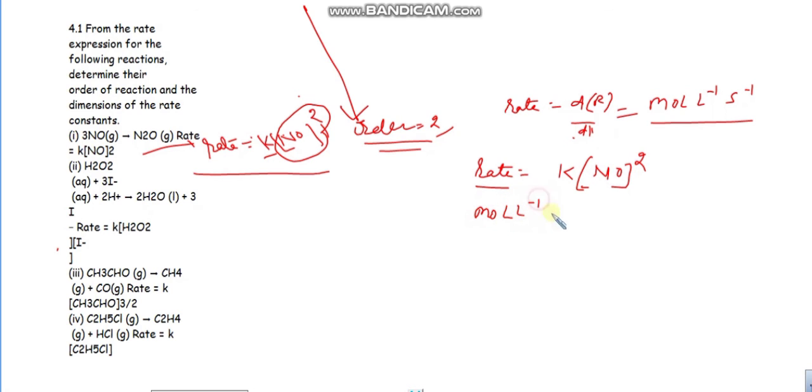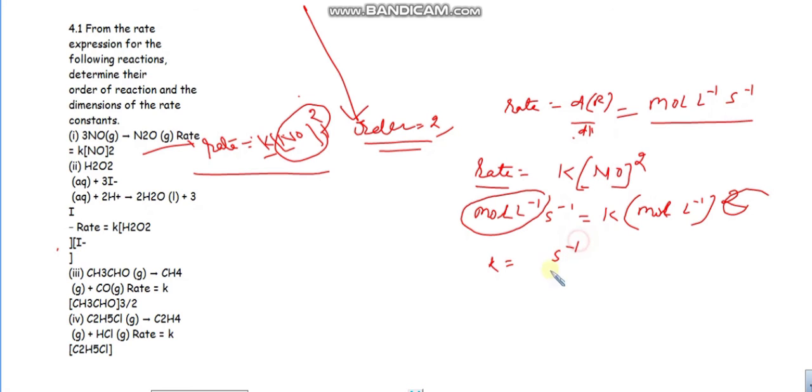Mole per liter per second is equal to K into mole per liter squared. Okay, so one power will get cancelled. So K is equal to per second divided by mole per liter, then it will be liter per mole per second. So this is the unit of K.